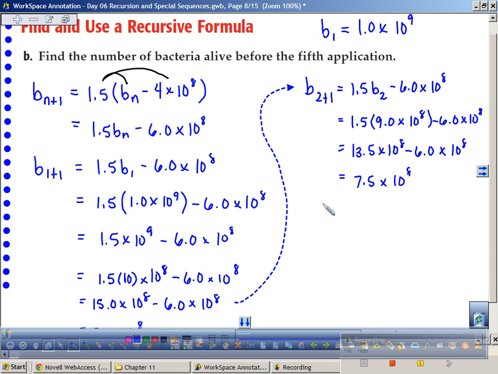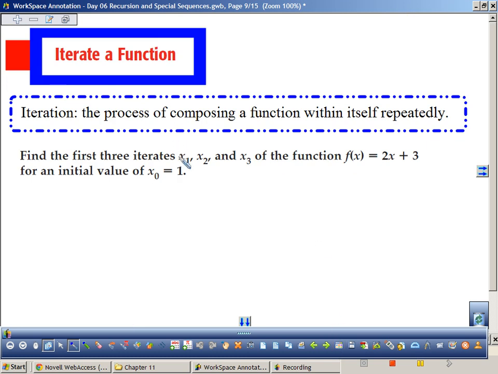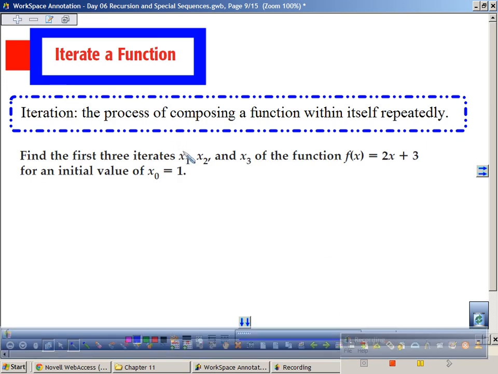Now, couldn't you pretty easily find b to the 4th and b to the 5th? Okay, so can we leave that for online and book work? Or we don't want to waste our time writing this down. Okay, so this is the same type of thing, only much easier.